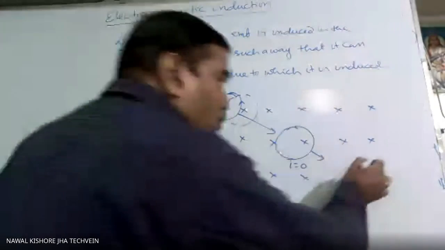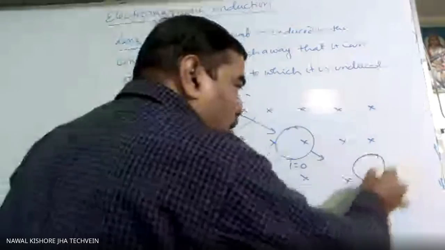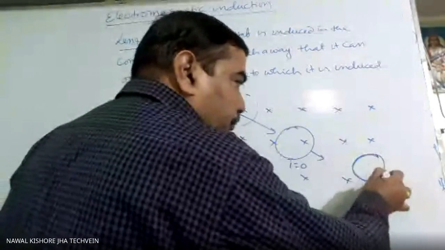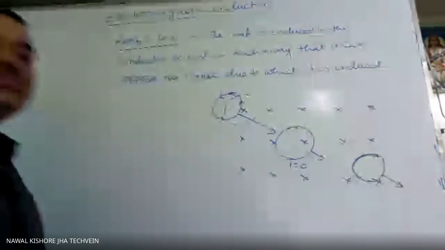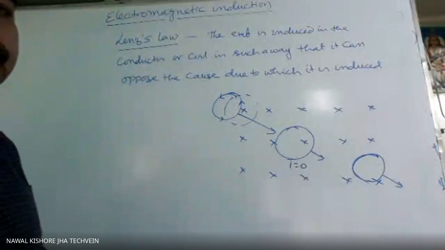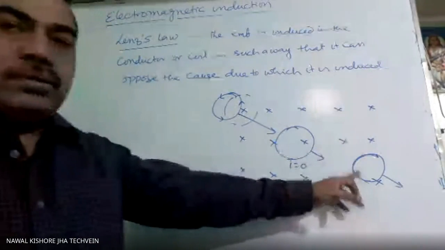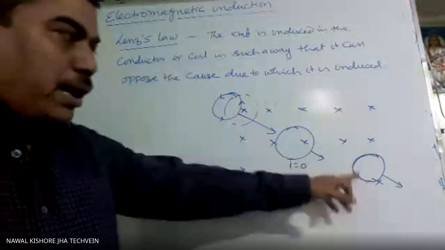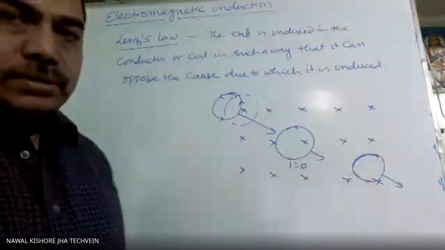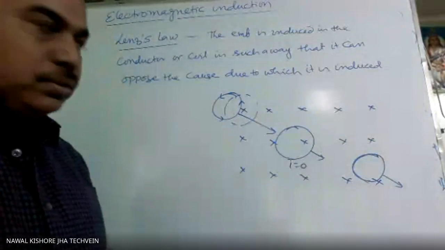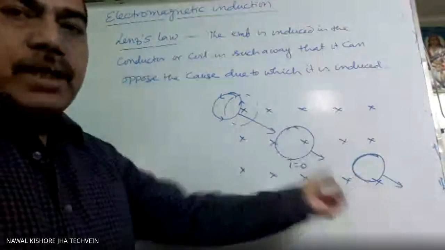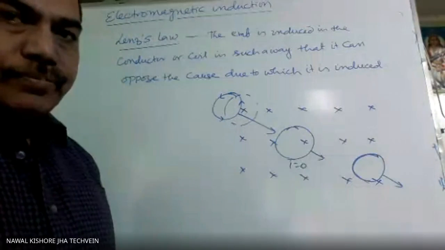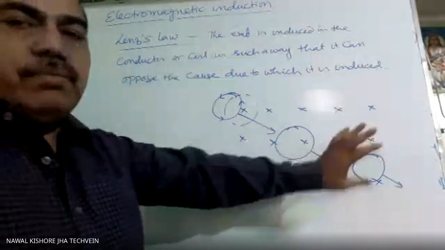Now, when this loop starts going out, what will happen? The flux is decreasing. So it will try to maintain the flux. It will oppose. How will it oppose? By maintaining the same amount of flux.